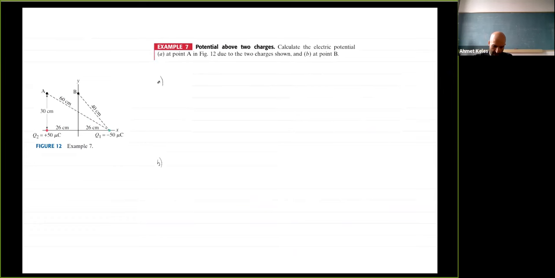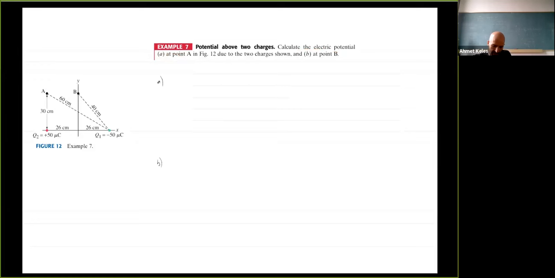Calculate the electric potential. Okay, there's a charge configuration. There's a Q1 here, Q2 here. There are two points A and B. Our task is to calculate the electric potential at point A due to two charges and at point B due to two charges. So let me do this.